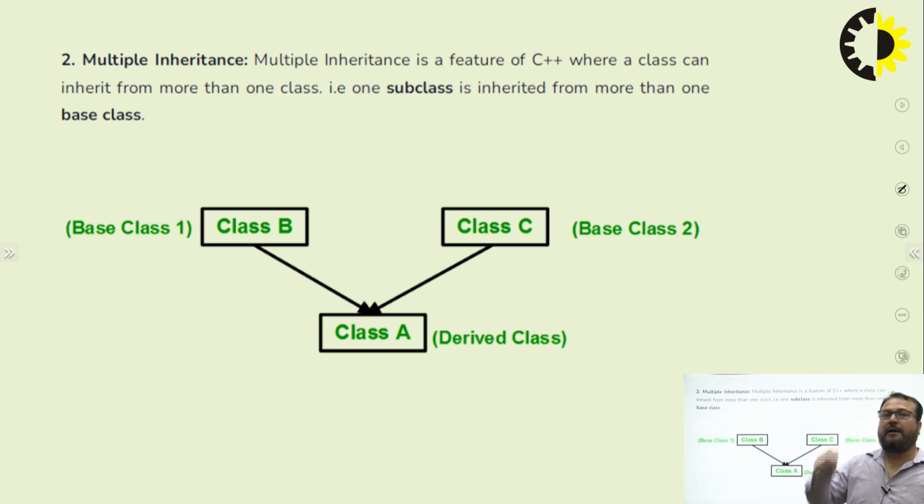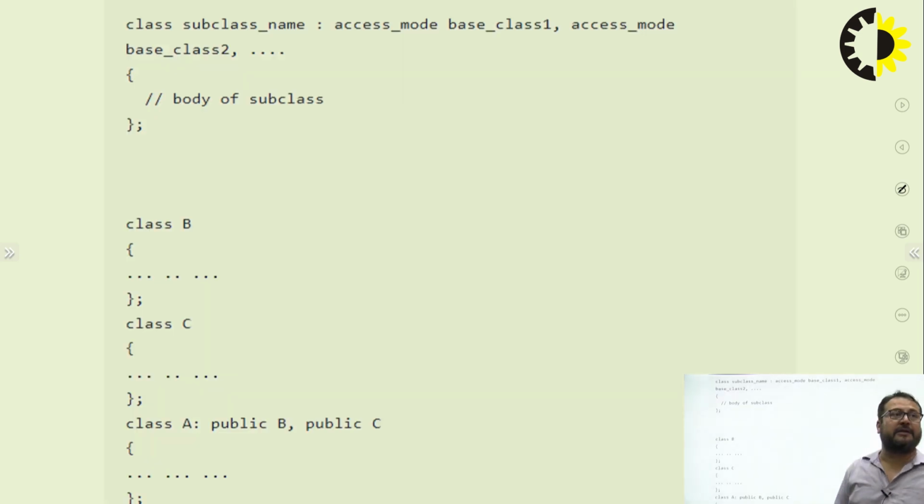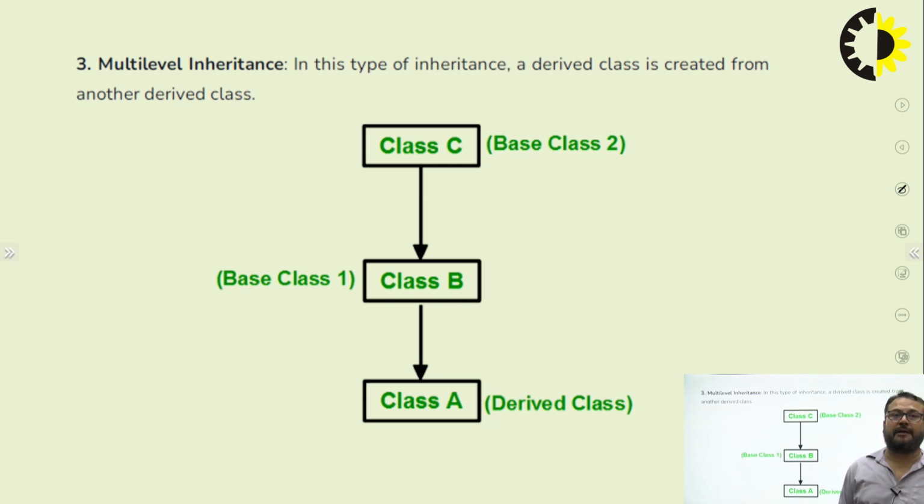Multiple inheritance. Before multiple inheritance, you should know multi-level inheritance. Like single level inheritance, here it could be multi-level. Say A inherits B, which further inherits class C, meaning more than one level. This type of inheritance is called multi-level.